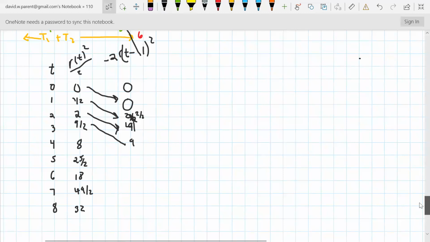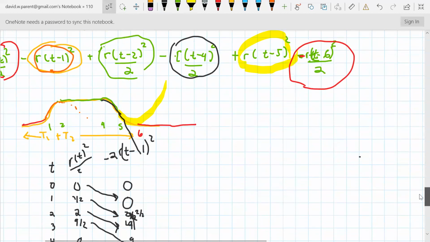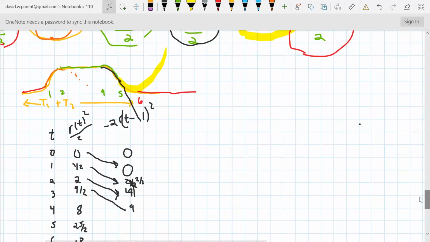Another thing is if I go back to my step function and I'll just do, you know what?